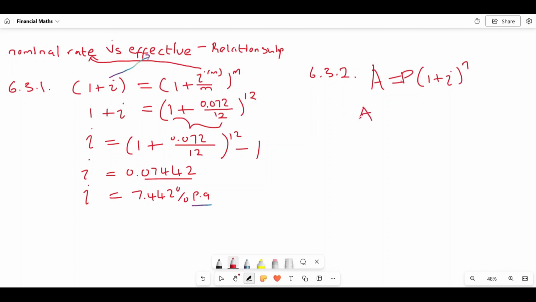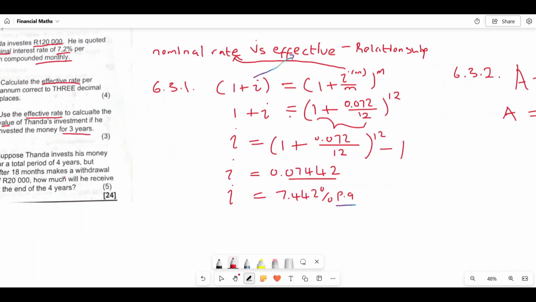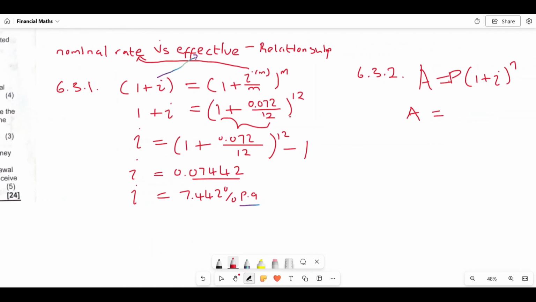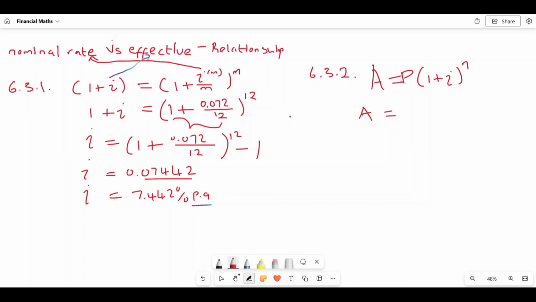So this A would be the value that we want to find after 3 years, and this P would be the initial amount that Tanda is investing. How much did they say he's investing? There, it's given: 120,000 Rand. So this is going to be simple.